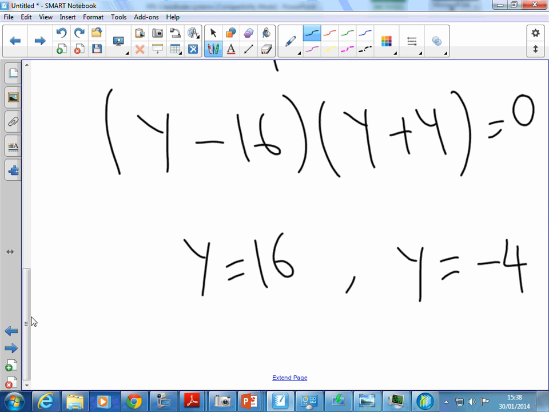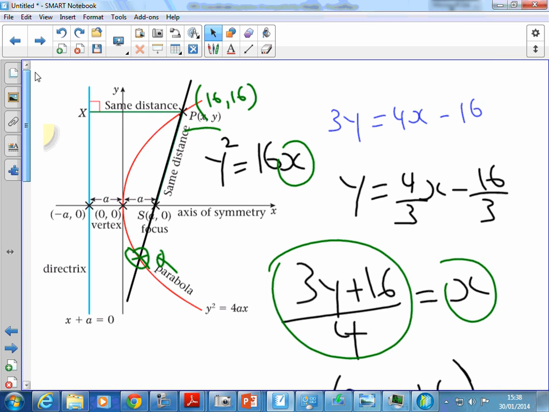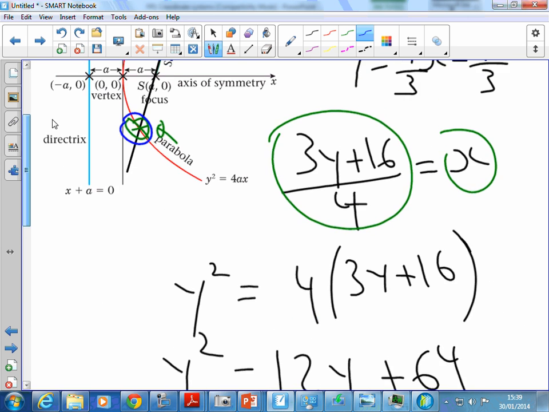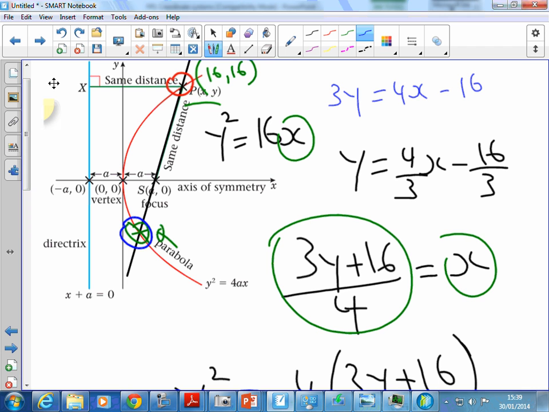And of course, when y is equal to 16, back to the diagram, geometrically, that's the solution to this point, P. And the other point of intersection, Q, what we are looking for, will therefore be when y is equal to minus 4. And we can choose any equation to substitute back in, the linear one, or this equation.